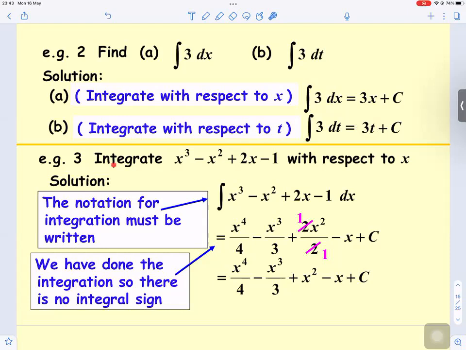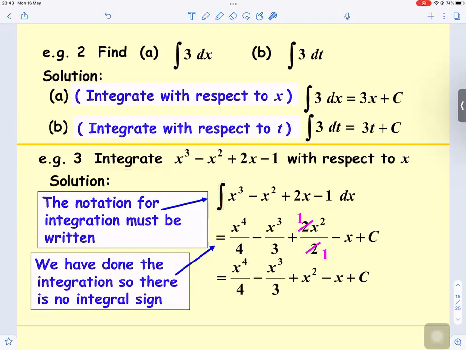Example 3, integrate x cubed minus x squared plus 2x minus 1 with respect to x. So the notation for integration must be written, this stretched symbol there, the integral sign. Instead of writing the word integrate, we just write the integral sign.